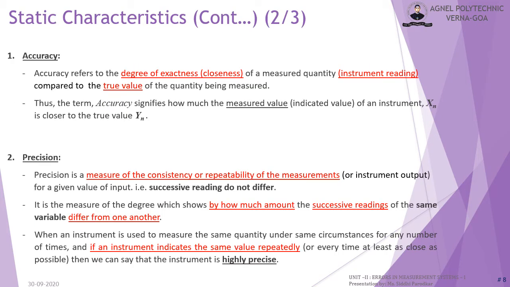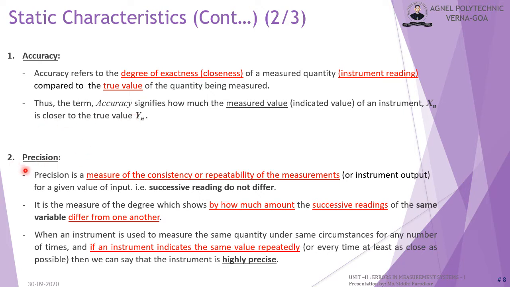The first static characteristics of an instrument is accuracy. Accuracy is defined as degree of closeness of the measured quantity compared to the true value of the quantity being measured. That is, accuracy signifies how much the measured value, that is xn, is closer to the true value yn. The second important static characteristics of an instrument is the precision.